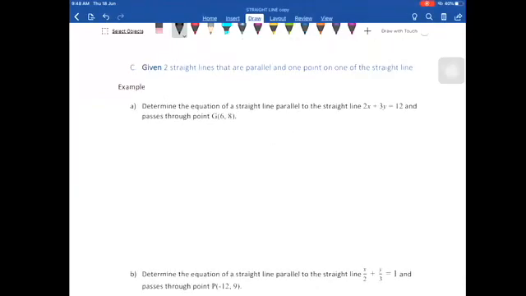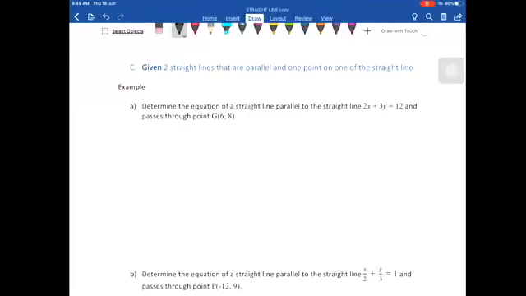The second one is given to you 2 points. Last. Kalau dia bagi kepada kamu, dia kata dalam soalan, ada line ini dia adalah parallel to this other line. And then dia bagi kamu 1 point yang berada di atas one of the line. Okay. So dia melibatkan parallel lines.